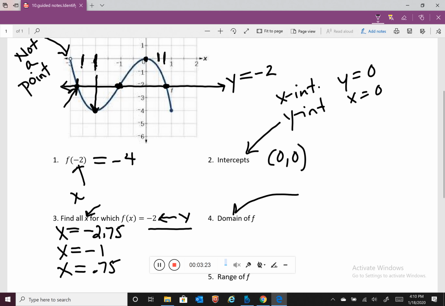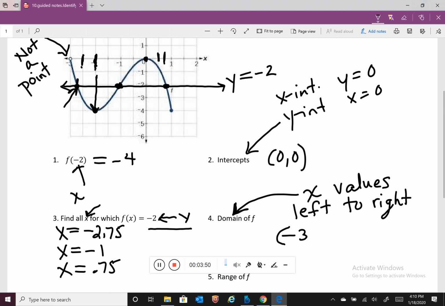Next question is domain. Now remember, domain is the set of all of our x values. So we're going to be able to identify our domain if we looked from the left to the right. Now remember, to the left, this starts with an open circle and not a point. So it starts at -3, but we are not including -3. And then if I go to the right, it is continuous.